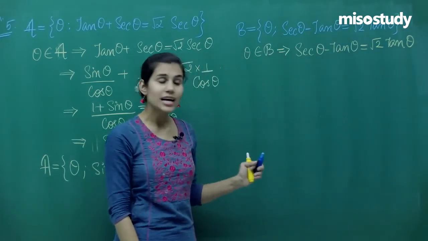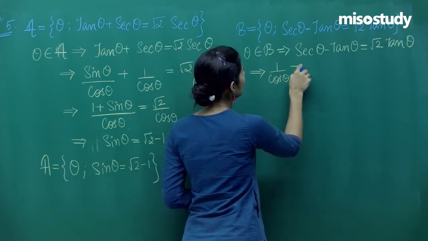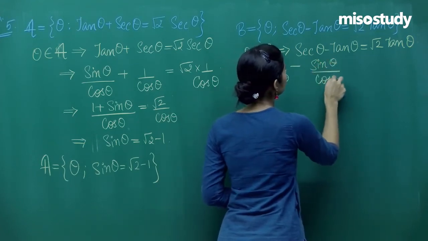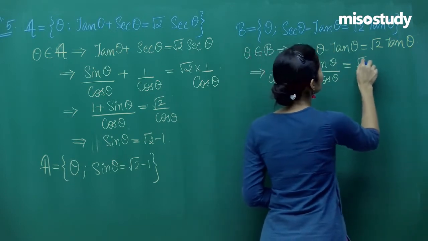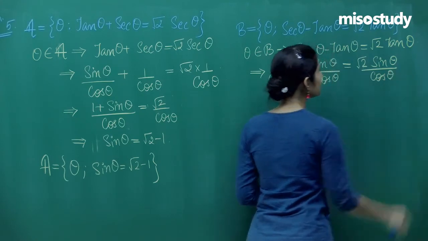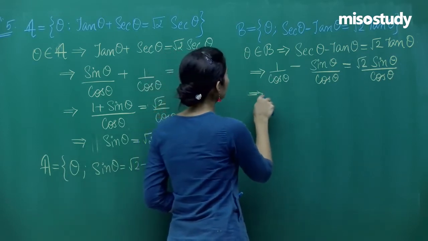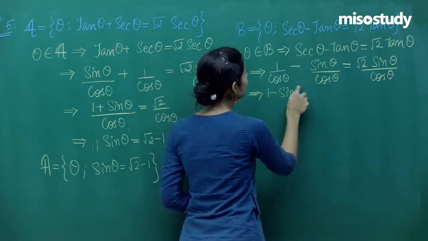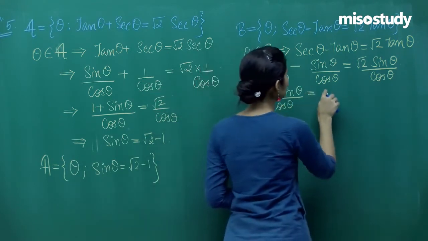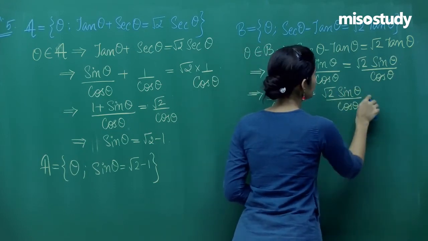Again, convert this into sine and cos expressions. You will get 1 upon cos theta minus sine theta upon cos theta equal to root 2 times sine theta upon cos theta. Now find the LCM on the left hand side and you will obtain 1 minus sine theta upon cos theta is root 2 sine theta upon cos theta.